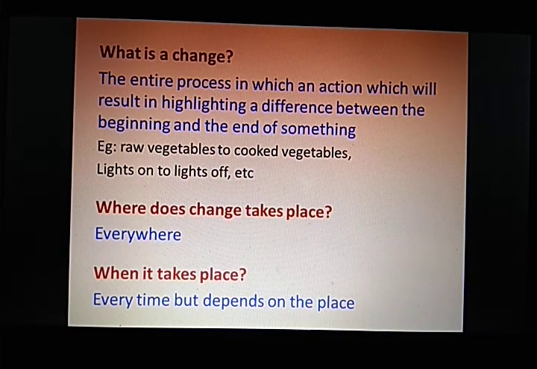That does not mean that we will have it at 2:30 or at 12 o'clock. The time may vary every day. Exactly the same time is not possible, or if it is, then some other work will not be carried out on the same time scale. So change is there, and every time it takes place, but it depends on place to place.